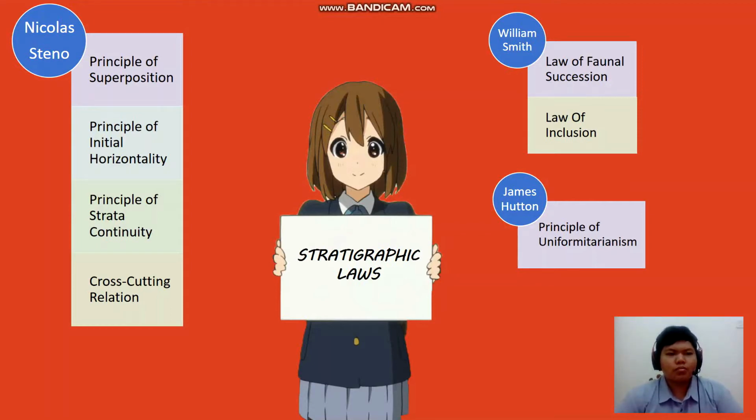The first is principle of superposition. Second is principle of initial horizontality. Third one is principle of strata continuity. And the fourth one is cross-cutting relation. William Smith proposed two, which are the law of faunal succession and law of inclusion. And the last one is the principle from James Hutton, which is principle of uniformitarianism.